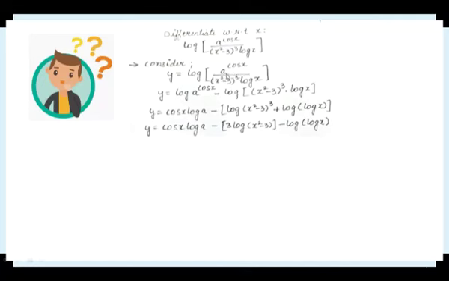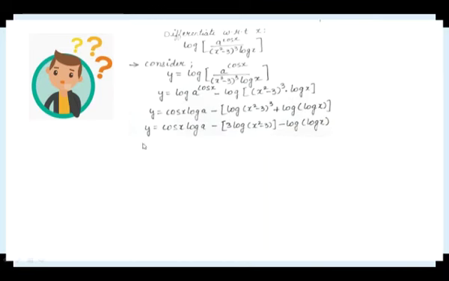So over here I can apply the division rule of logarithm. So I can write this as y equal to log of a raised to cos x minus log of x square minus 3 whole cube into log x. So the division I have written as subtraction and the multiplication I have written as addition over here.